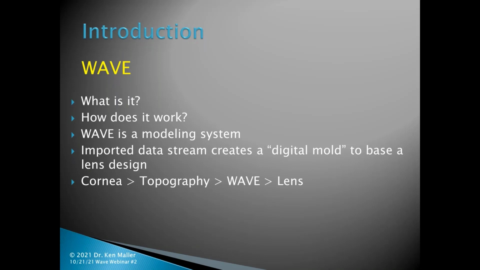So the process really is the cornea, which is the truth, speaks to the topographer, which alters the truth a little bit because all topographers make certain assumptions when they're collecting data. Topography then talks to Wave, and Wave actually alters some of the data that comes in from the topography to make it more palatable for us to design a lens from. And then we take Wave, manipulate certain things on that, and turn that into a lens design.